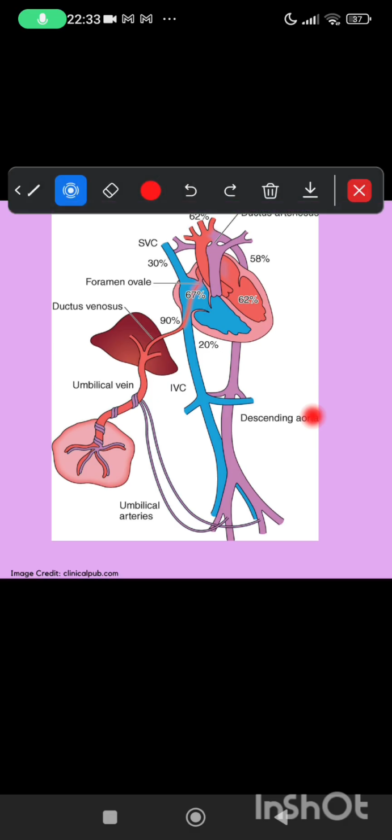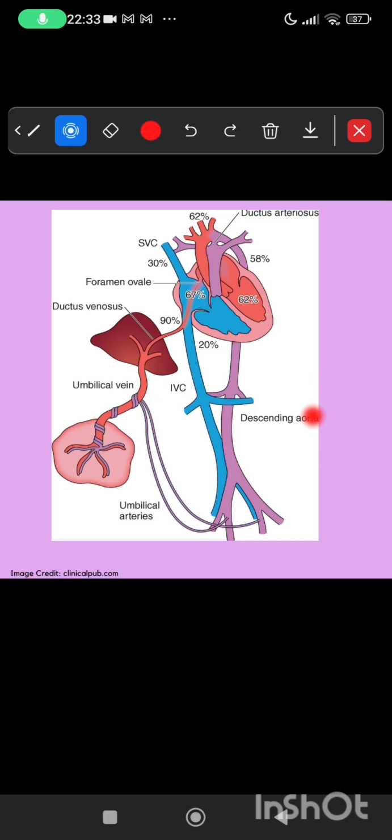Now, first see the anatomy of the ductus venosus. So, what we can see here is the umbilical cord. We know the umbilical cord consists of one vein and two arteries. It already consists of these three vessels.